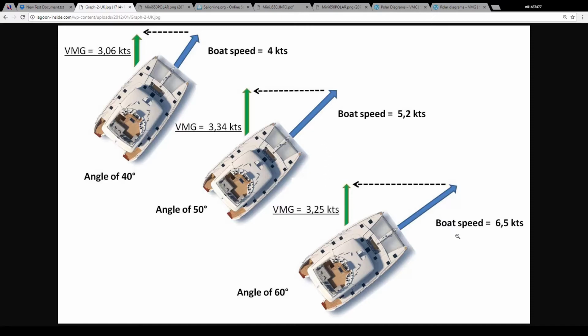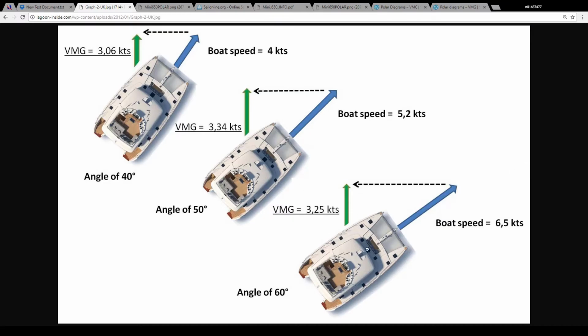If we bear away a little bit more to an angle of 60 degrees, our VMG is going to be 3.25 knots. Boat speed has increased each time, as you note, but you are going further and further away from the direct downwind path.